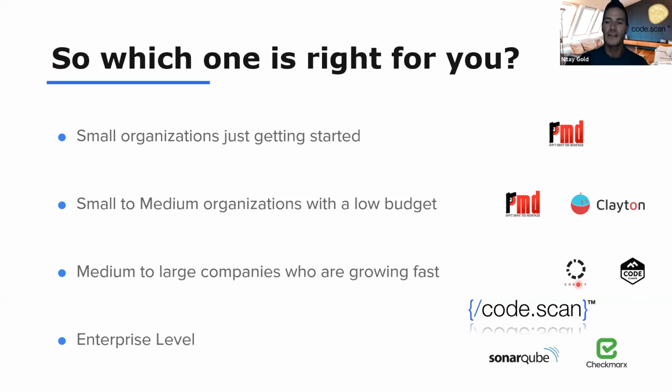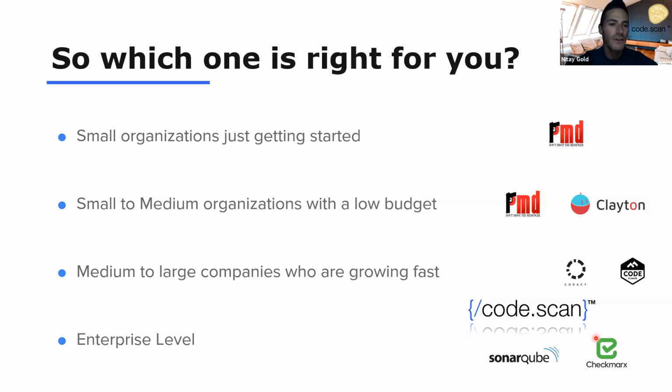Probably CodeScan and Codacy, and even Checkmarx, of course, could be overkill. We see a lot of companies that are just using PMD because it's free. It's an individual license and tool, and not an enterprise solution that enables teams to collaborate together, like CodeScan, for example.